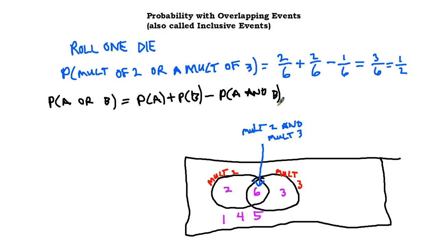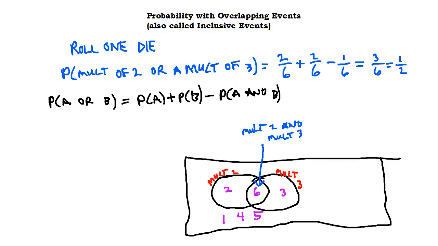And by the way, a little tip: this formula also works for disjoint events. It's just that in disjoint events, the probability of A and B is always going to be 0 because you can never have both A and B occur in a disjoint event. So this formula is really very multi-purpose.